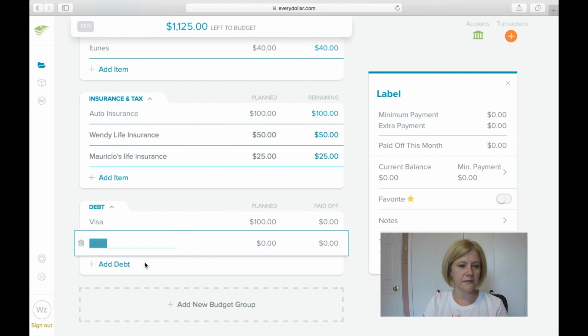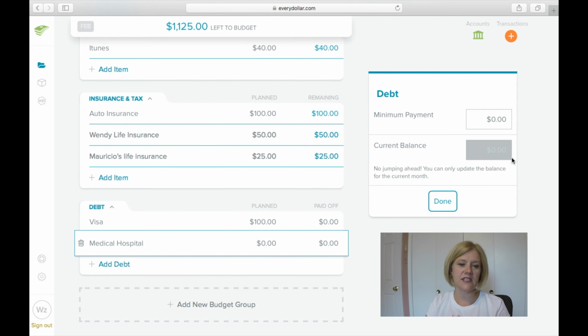And then we have medical, we have a bill to a hospital, I guess. We don't really, but for purposes of this, we're going to have a bill to a hospital. Our current balance is, let's say, $2,250, and our minimum payment is $50. Done. And save.